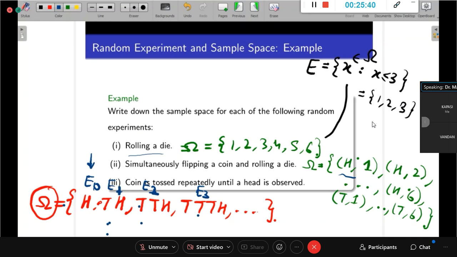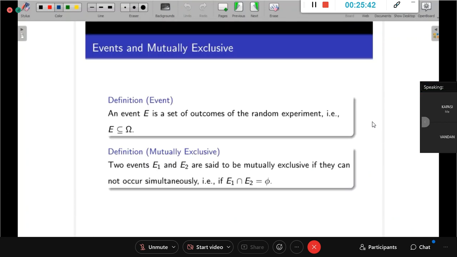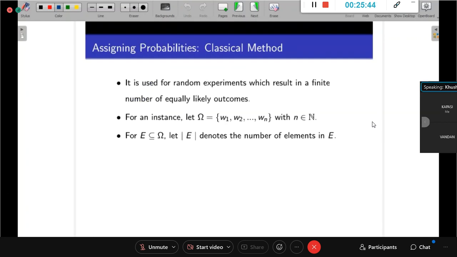So are they mutually exclusive? You can say so like that, but the more appropriate word is they are independent.